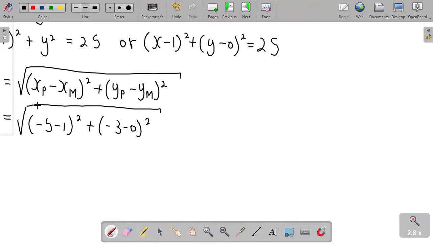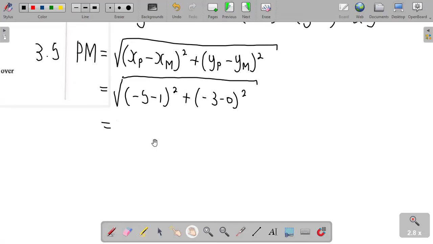You use a calculator here. It gives me the square root of 45.